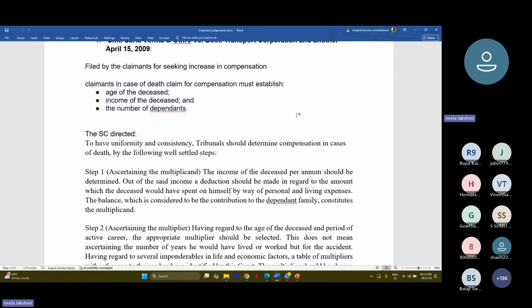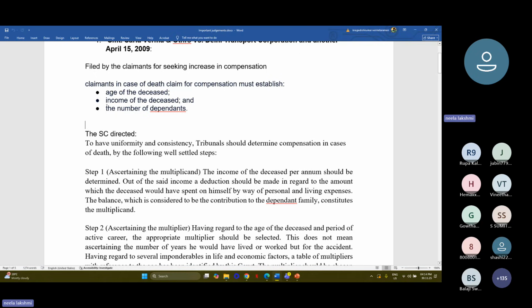The instructions given to the claimants were: in case of death, the age of the deceased must be proved with some valid document. There should also be proof of the income of the deceased. Simply they cannot say he was earning 15,000 per month or 12,000 per month. There should be valid proof for the income of the deceased.